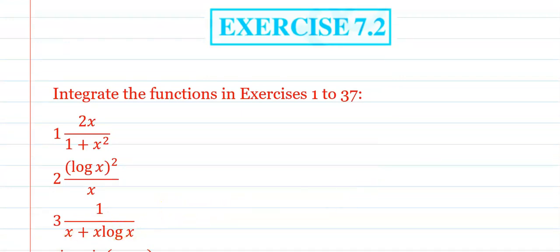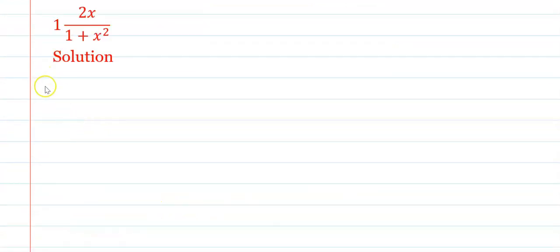Okay, the first example. Now here the first example. I is equal to integral 2x upon 1 plus x square into dx. Here the function is present, its derivative is also present.